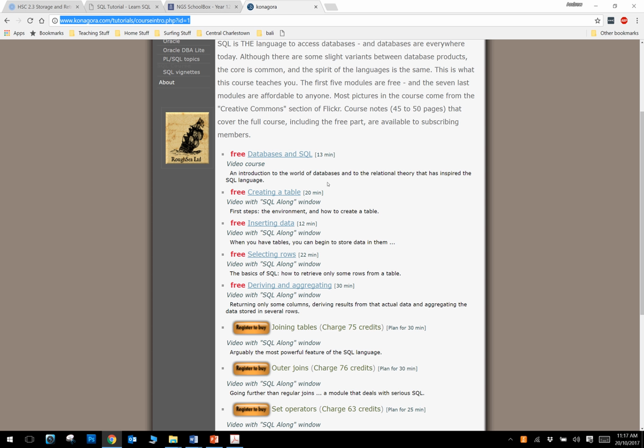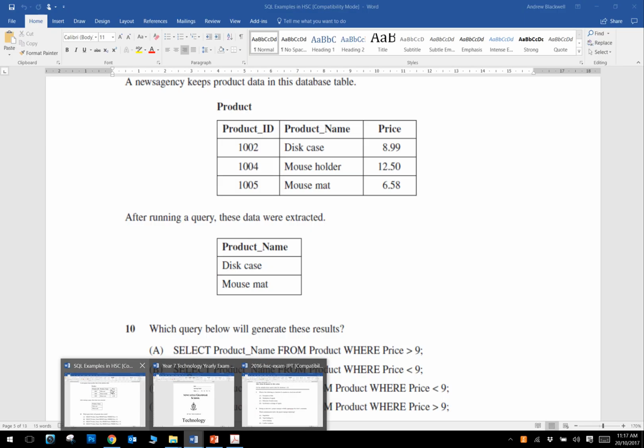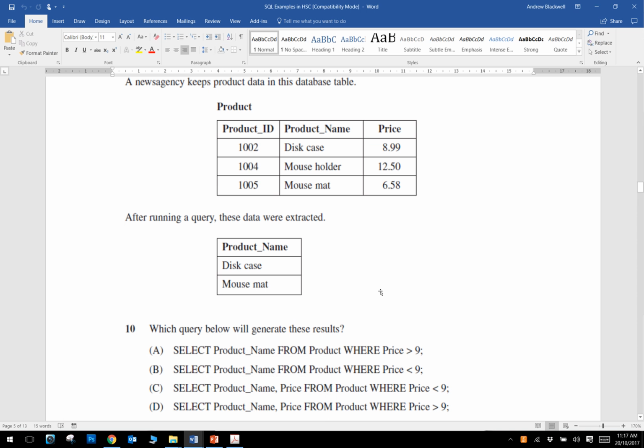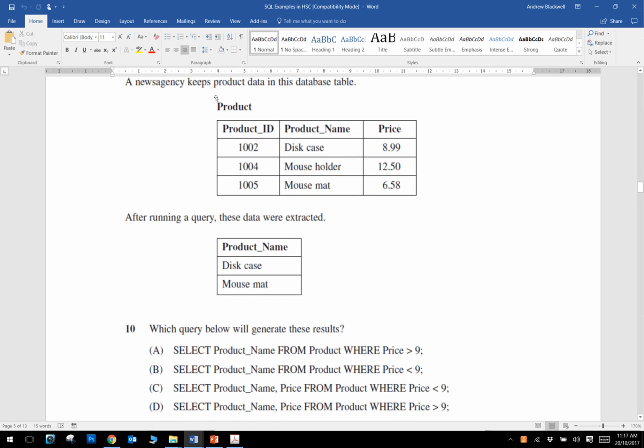The other thing I want to show you about SQL is a question. Usually they'll give you a table, and you have to answer questions 10 and 11. It says a news agency keeps product data, and it ran a query and these data were extracted.